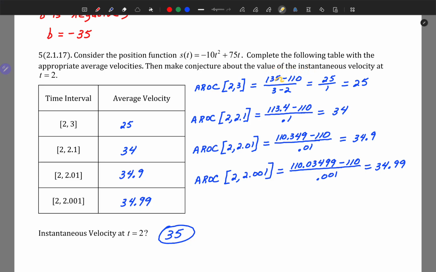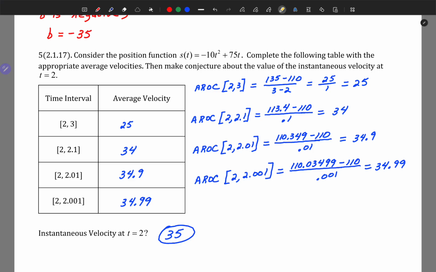I plugged a 3 into this function, I got a 135. I plugged a 2 into it and got a 110. Divide that over the change in time, 3 minus 2. Now, my numerator had a difference of 25 units. My denominator had a difference of the 1 second. So this was an overall average rate of change between 2 and 3 of 25.